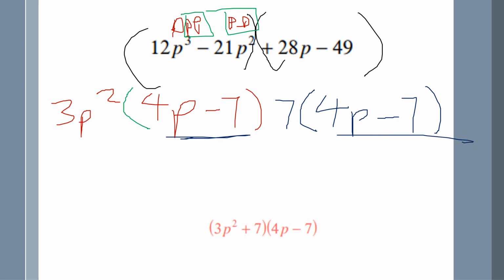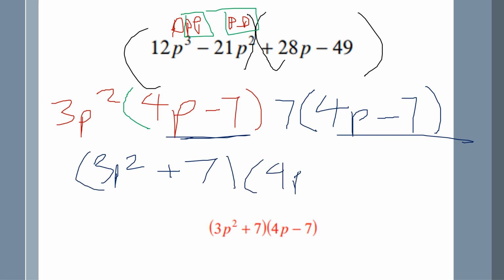So with my final answer being 3p squared plus 7, because I took what's on the outside, and 4p minus 7 was in the inside, and it has to repeat. And you can write these any other way that you want to.